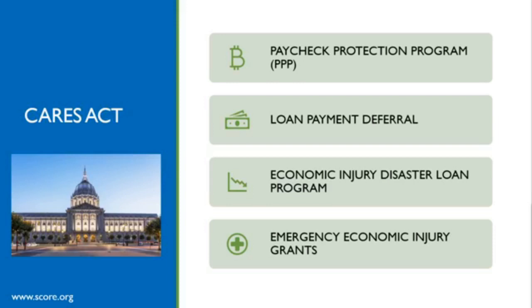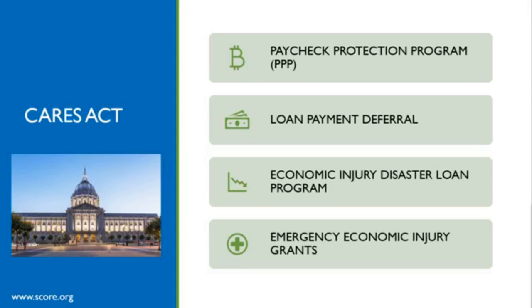That's part of the overall Small Business Administration Disaster Loan Program. The last thing we'll talk about under CARES is the Emergency Economic Injury Grant, and here is the $10,000 grant that you've probably heard about, with no payback required.